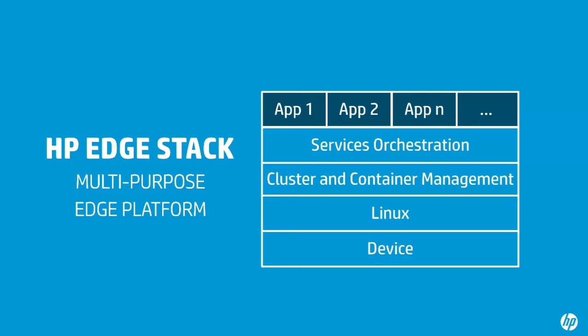After that, we'll go through our edge stack architecture. As you can see here, we have a multi-layer stack. We started doing development on top of our high-end machines, our workstations. This is the device layer.